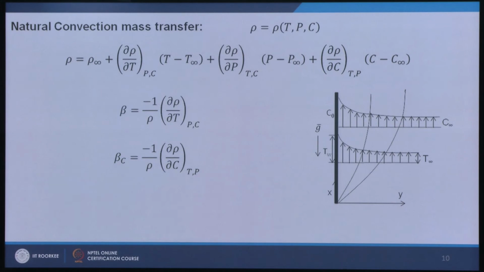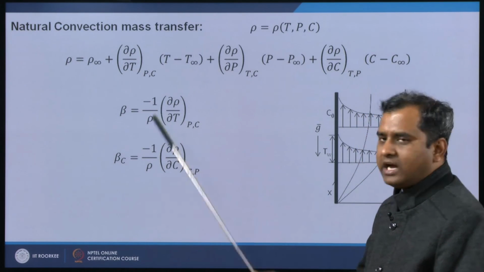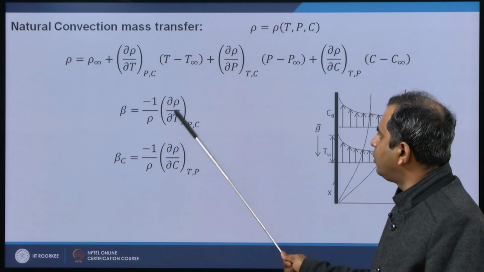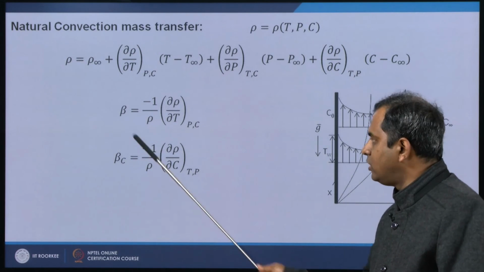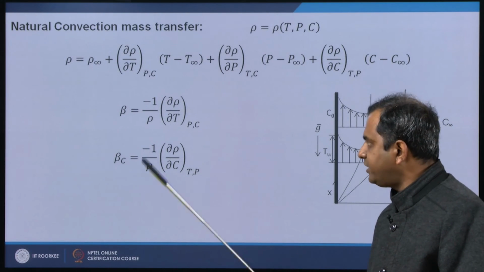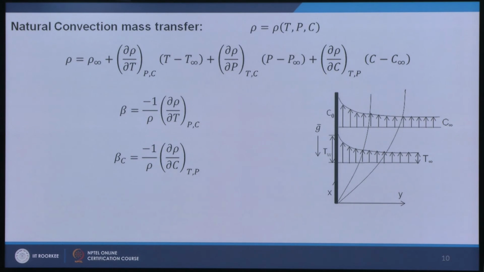Earlier we know that beta is nothing but minus 1 by rho del rho del T at constant pressure and concentration. Now let us define beta C. Beta C for the concentration is equal to minus 1 by rho del rho del C at constant temperature and pressure.